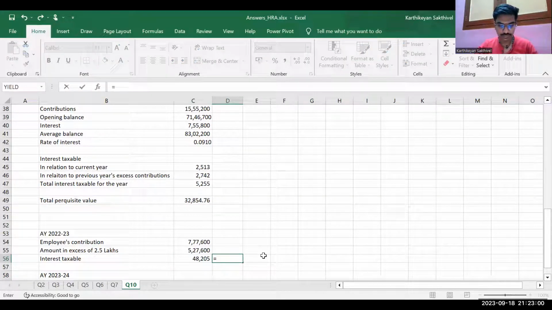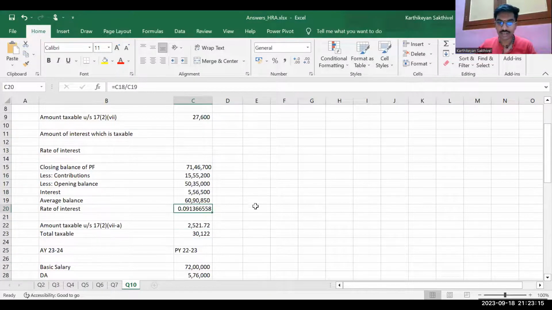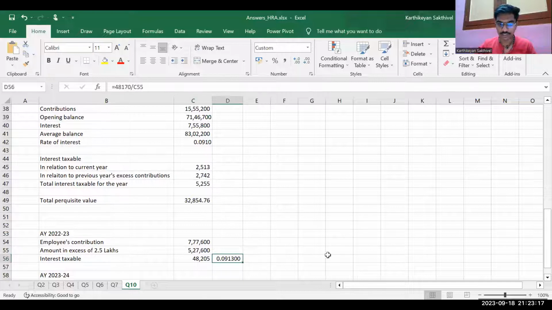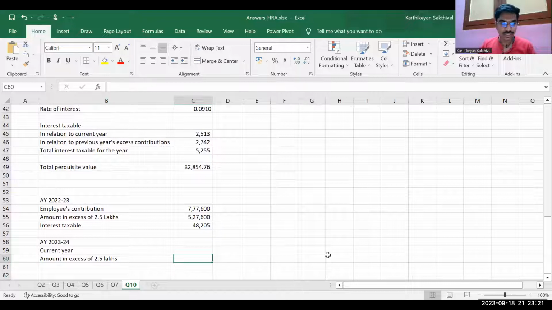Rounding off தான், not an issue. Okay. So current year amount in excess of 2.5 எவ்வளோ?